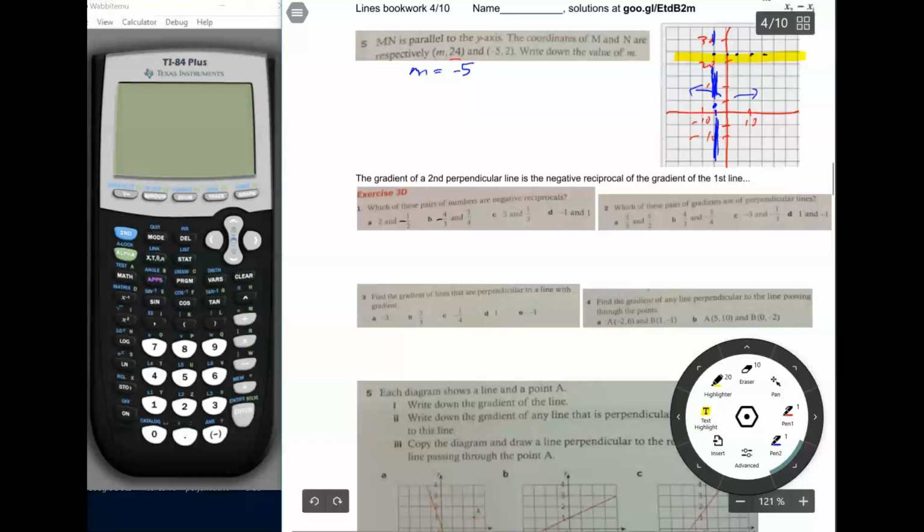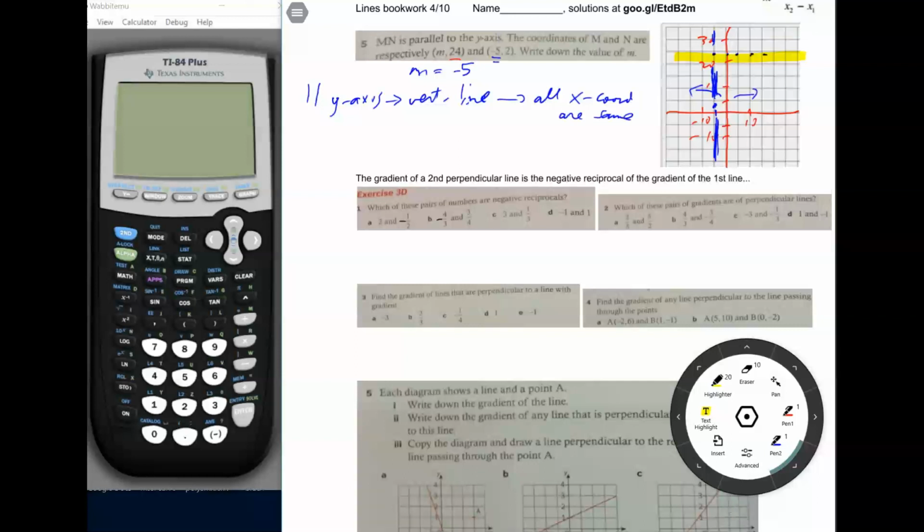You could also say, okay, if it's parallel to the y-axis, that means it's a vertical line. If it's a vertical line, then all x coordinates on the line are the same. And we see that the x coordinate of one of the points is negative 5, comma 2.